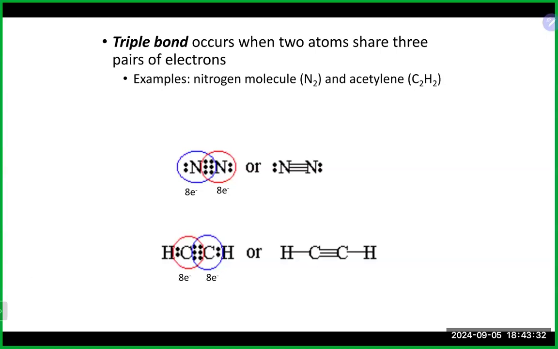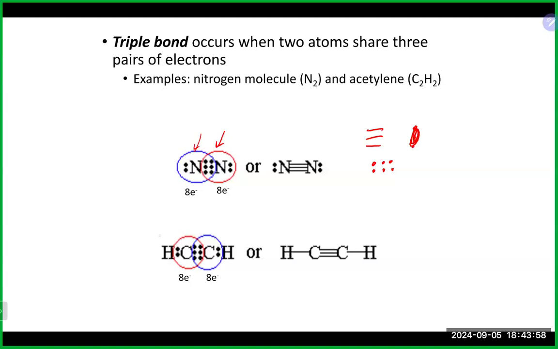And certain things do need a triple bond to fix it, as is the case here with our nitrogen. Here, by sharing in the triple bond, we get 8 electrons for each of those nitrogens that are present. And again, a triple bond is represented by 3 lines and 3 pairs of electrons as well.